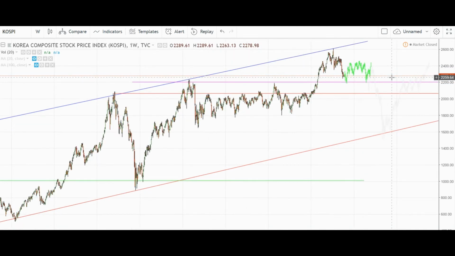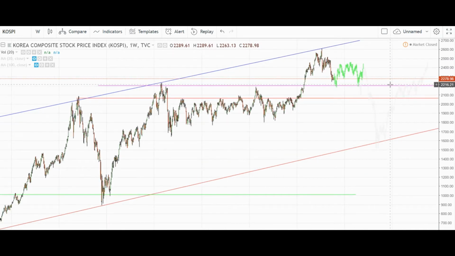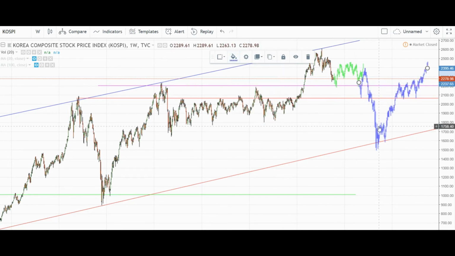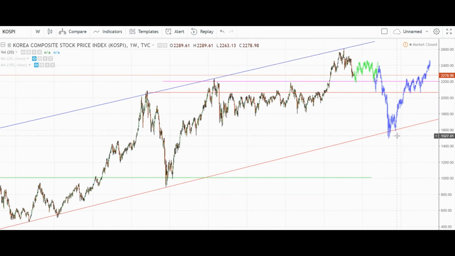But if there is a global economic failure or something, this thing won't hold as strongly as this red line here. So when there is a global failure or a global catastrophe, this has no choice but to go down to this area once again.